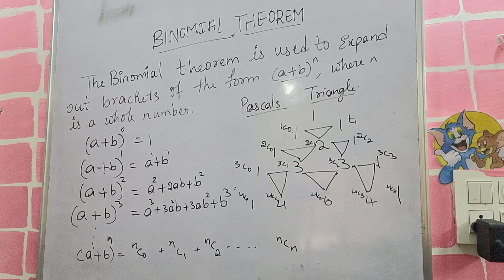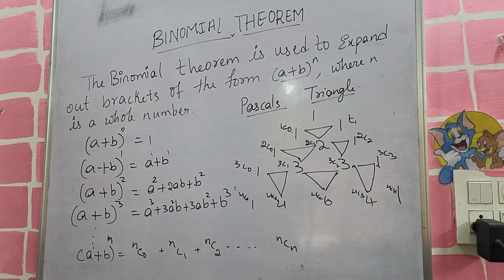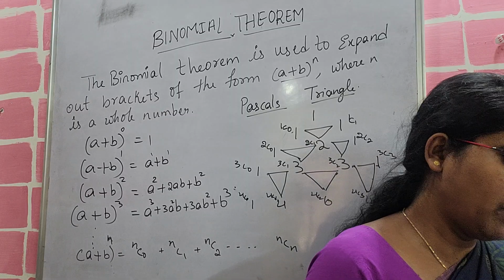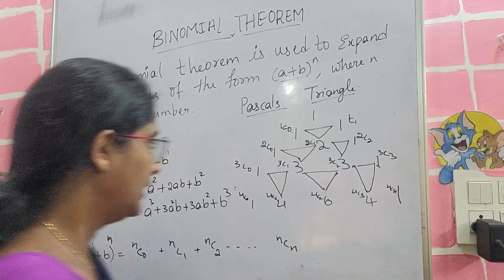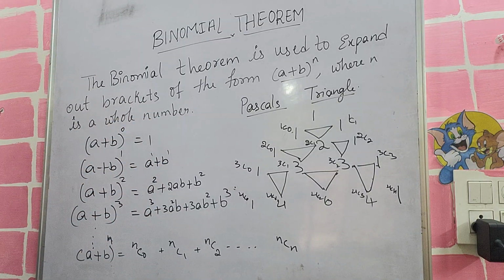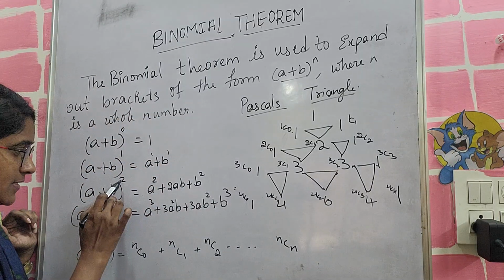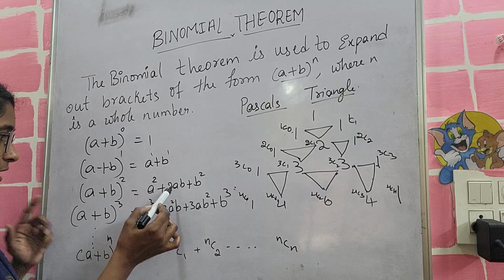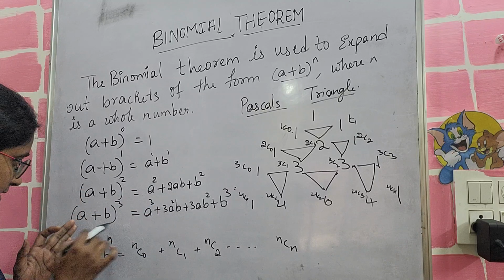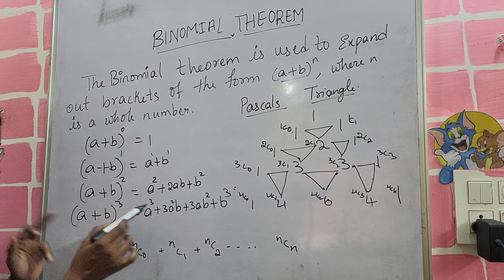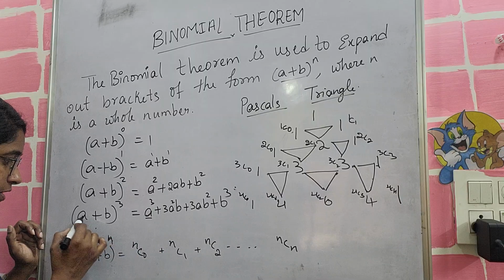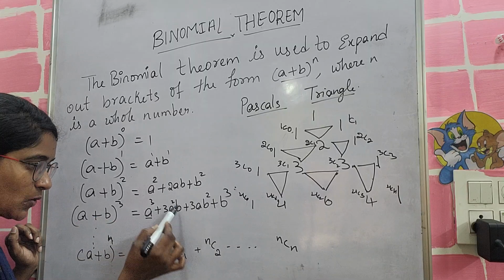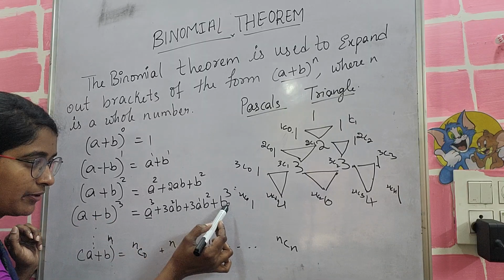Next we'll go to a pattern, so (a plus b) whole power of n. Here also you are able to see, if it is the square, right? So a and b. If we see in this, here it is a cube, the first one is a cube, and then a square, a power of 1 and a power of 0.